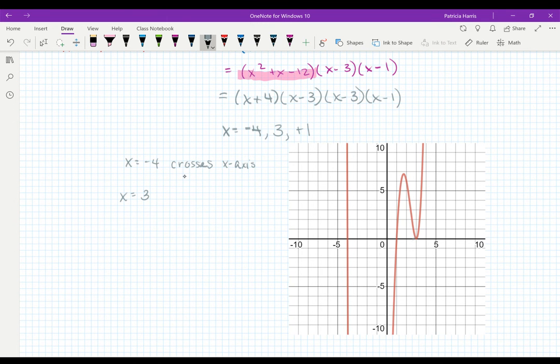It approaches it, goes down towards it, and bounces back up. So we bounce off the x-axis. We still touch the x-axis, so we're still an x-intercept, but we bounce off of it like a trampoline. And then if I look at 1, I again cross the x-axis.